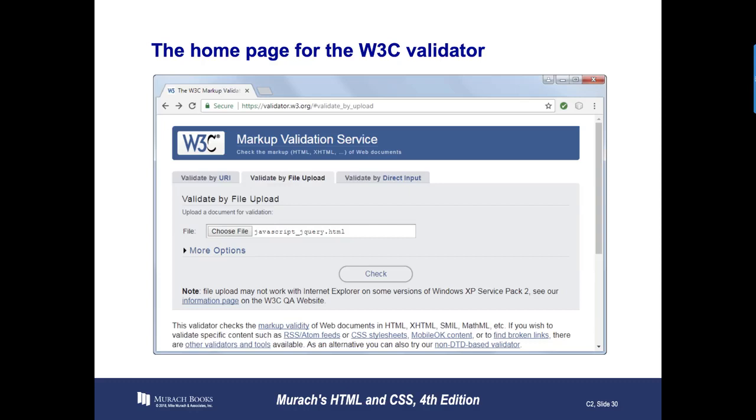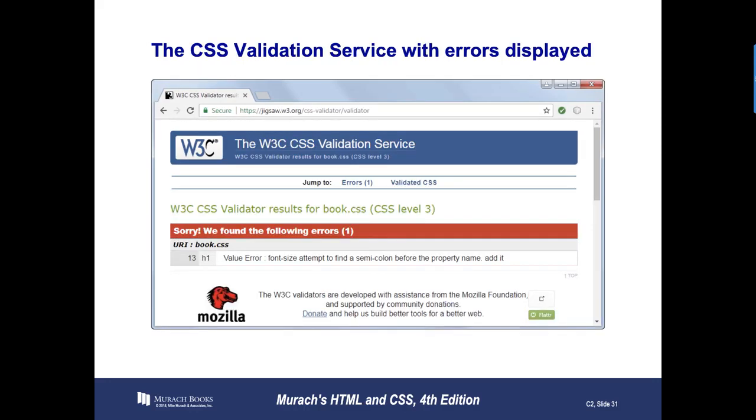It's an older video I made, but the information on how to use the particular service for both HTML validation and CSS validation is still relevant. Okay. So go watch that video and bookmark the HTML and CSS validation service URLs. And again, notice here how it's telling you that there was an error on this particular CSS file.